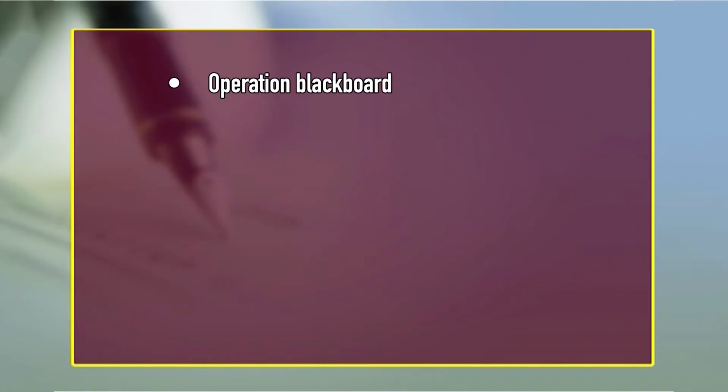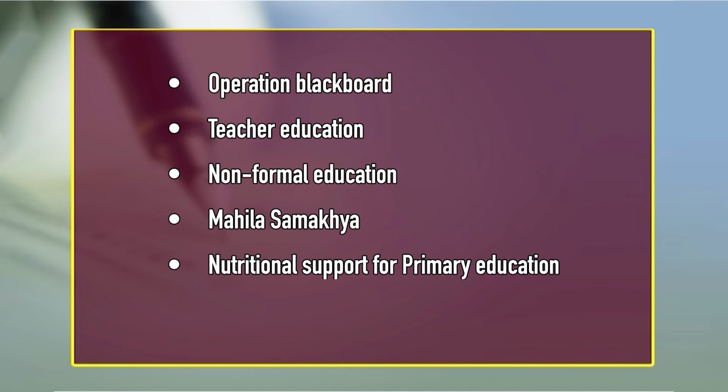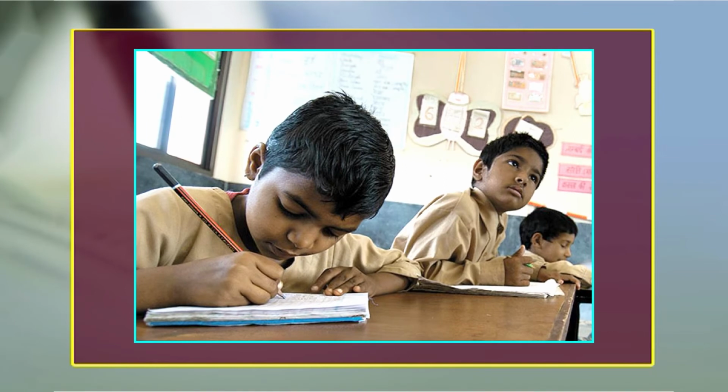Schemes like Operation Blackboard, teacher education, non-formal education, Mahila Samakhya, nutritional support for primary education, and DPEP, etc., were already in place for accelerating the process of universalization of elementary education, and these schemes were integrated with SSA so as to ensure uniformity in their implementation at all levels.